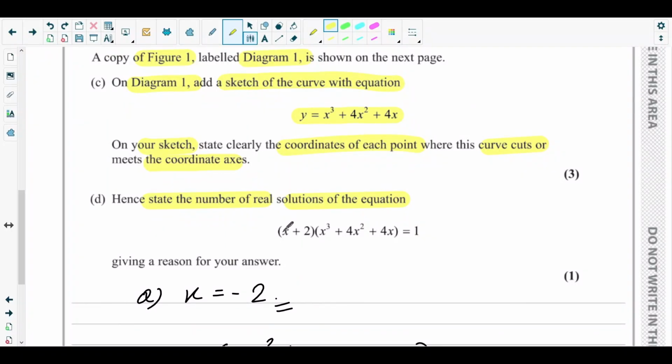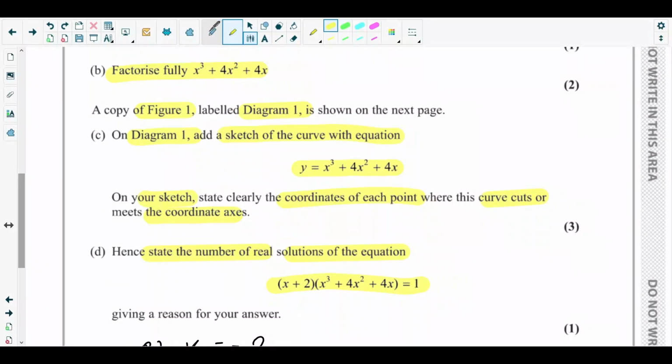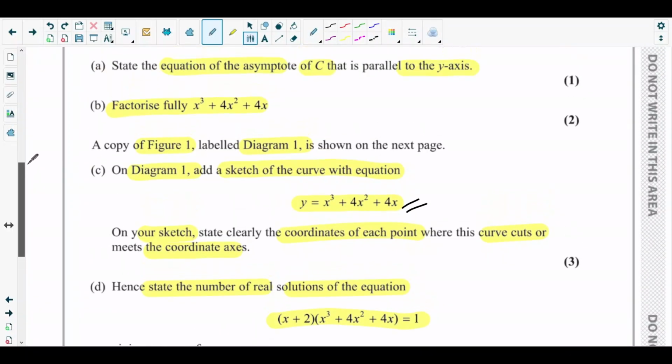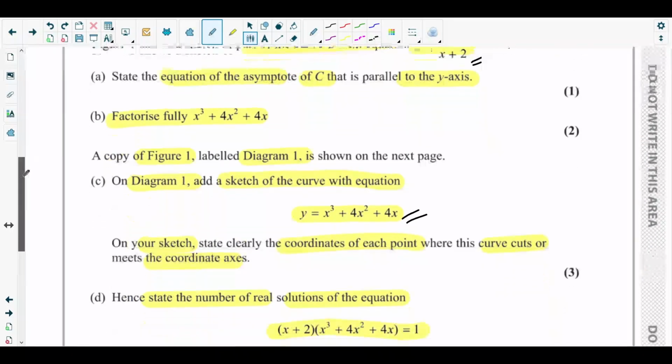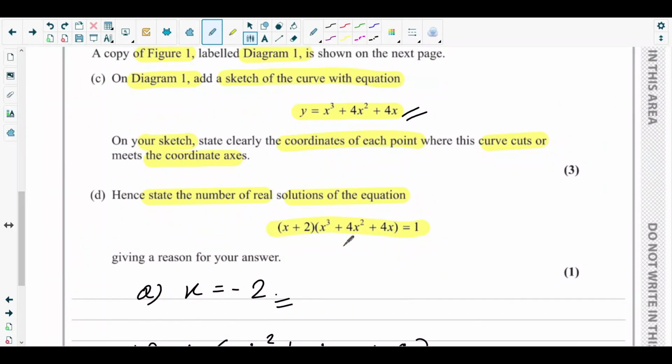This given equation is derived from the points of intersection of the cubic curve x cubed plus 4x squared plus 4x and the reciprocal curve 1 over x plus 2. So the number of real solutions of this equation depends on the number of points of intersection between the reciprocal curve and the cubic curve.